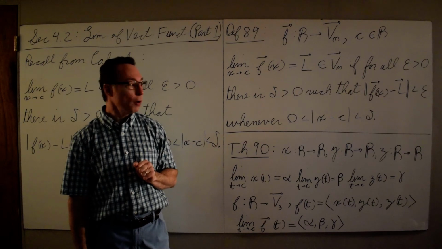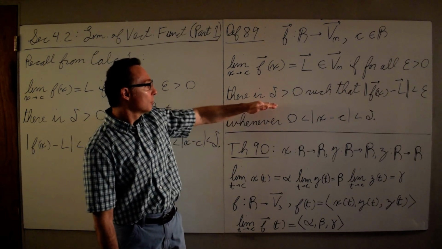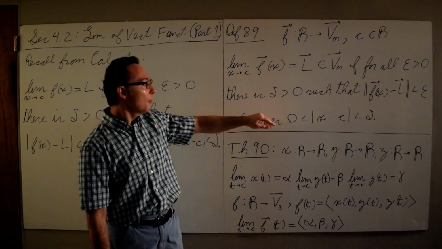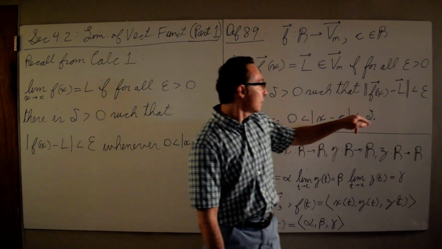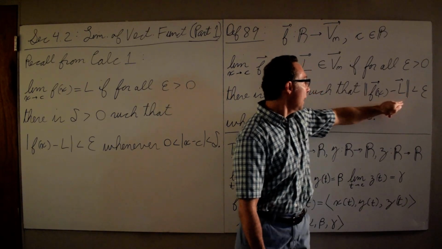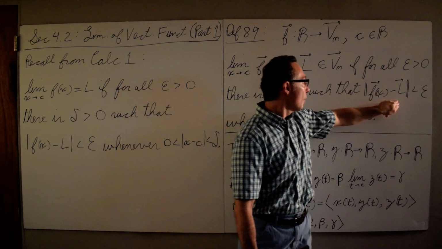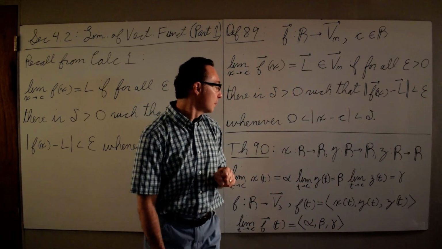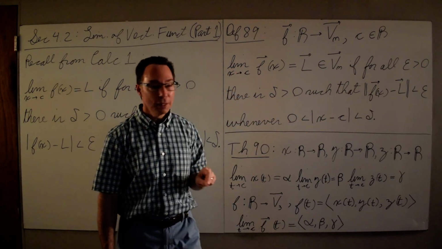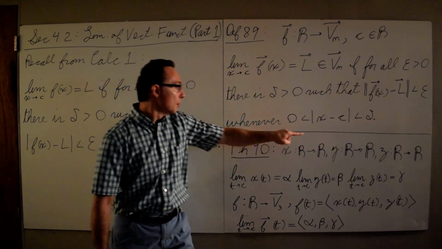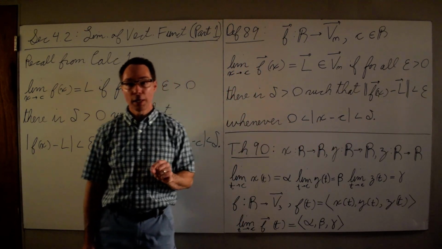Well, for all epsilon greater than 0, there is a delta greater than 0, such that the magnitude of f of x minus L is less than epsilon whenever the absolute value of x minus c is less than delta, but greater than 0 because x is not equal to c.